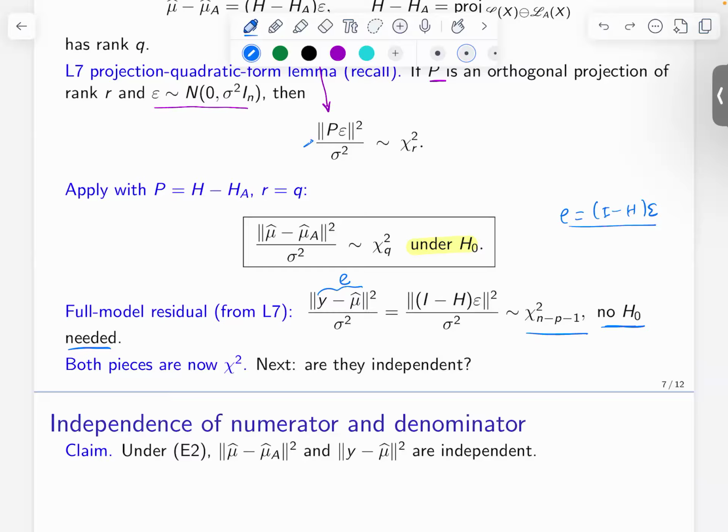Then I can build a test statistic. So the marginal distributions are not going to be enough. You can have two things with known marginal distributions, and it's very tempting to try to divide them, but it could be that they're highly correlated or highly dependent. And when you divide, the distribution could even depend on the unknown parameters.